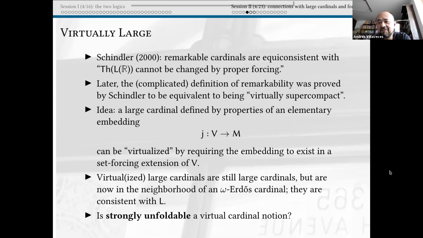I'm learning a lot of things about strongly unfoldable cardinals by listening to what you are saying, and this is amazing. And the origin of those cardinals was not looking for large cardinals per se.